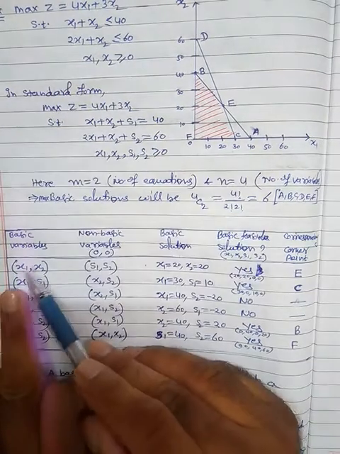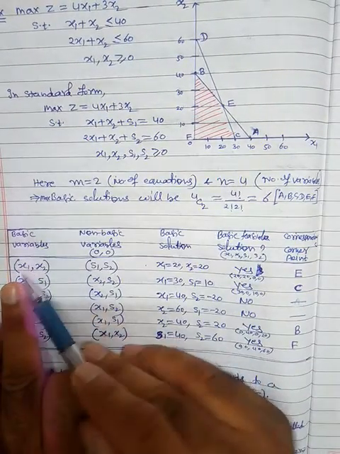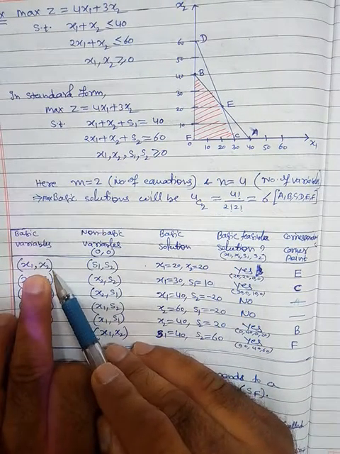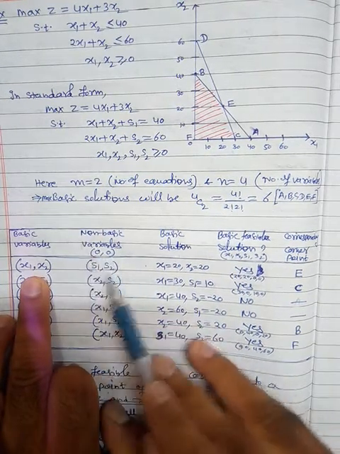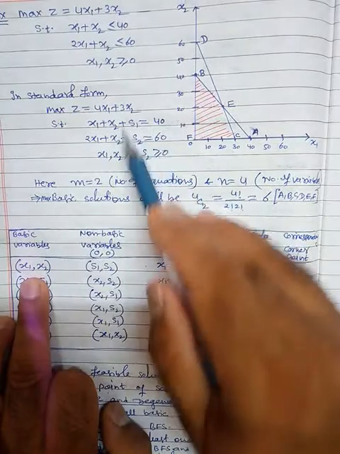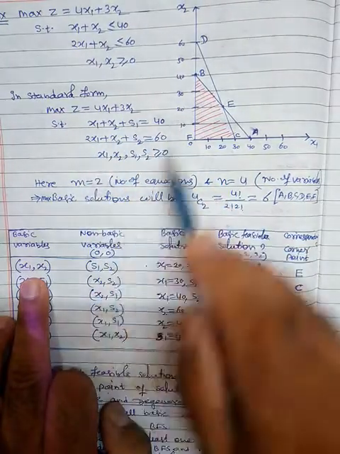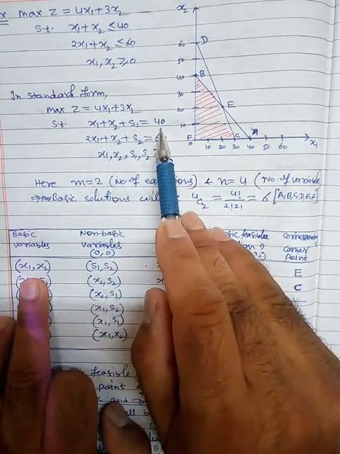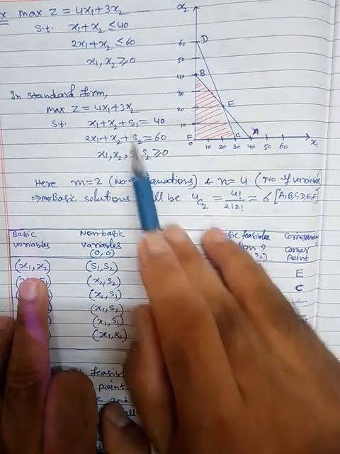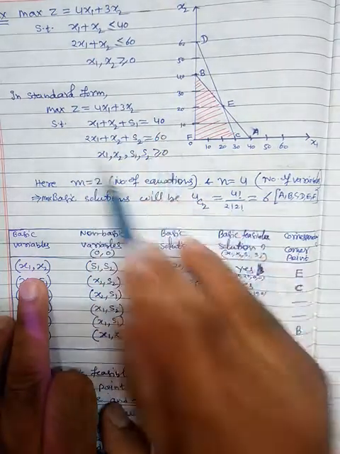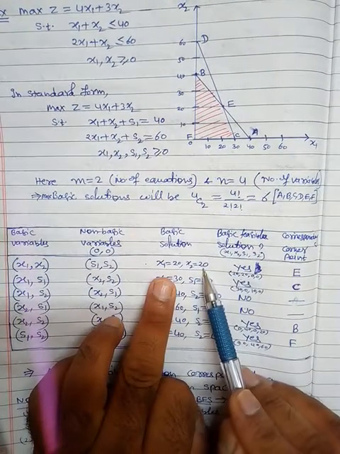Let's see the first one. Suppose we have basic variables x1 x2. That means we have put s1 s2 as 0, 0. Those are known as non-basic variables. Solve the system of equations x1 plus x2 is equal to 40, 2x1 plus x2 is equal to 60, because s1 s2 are 0, 0. So we will get x1 x2, which is nothing but 20 and 20.